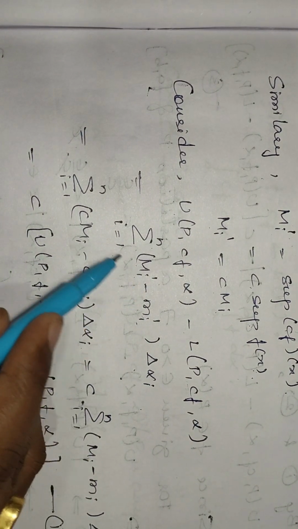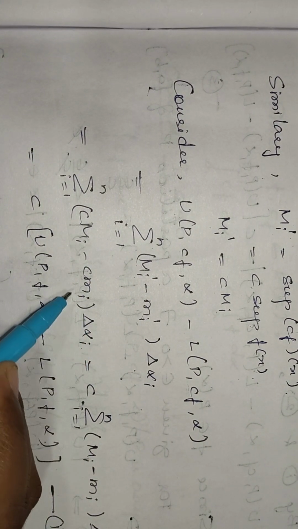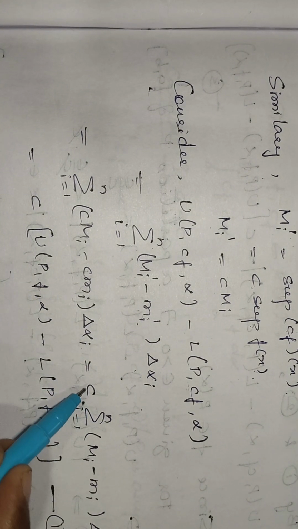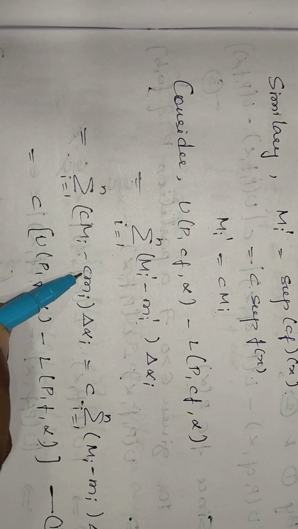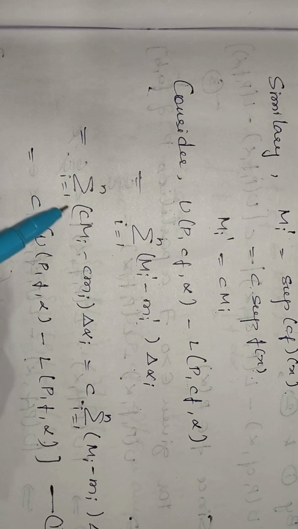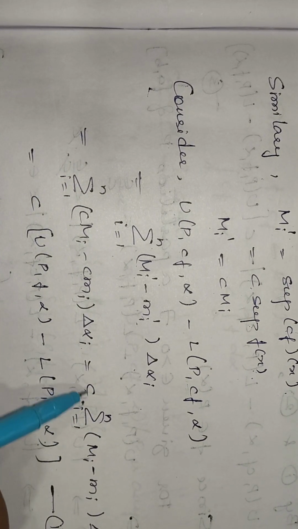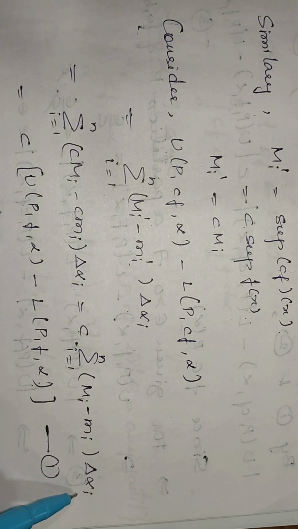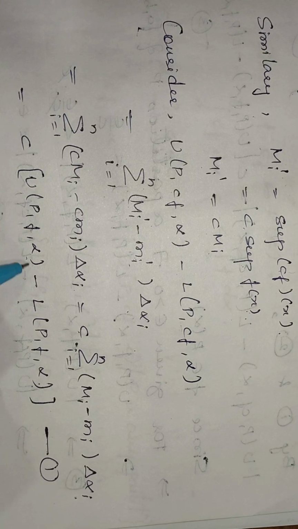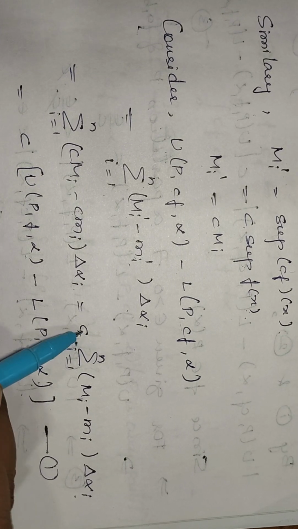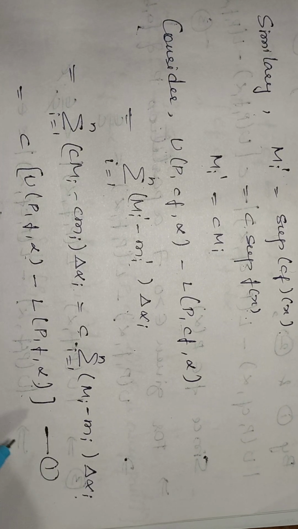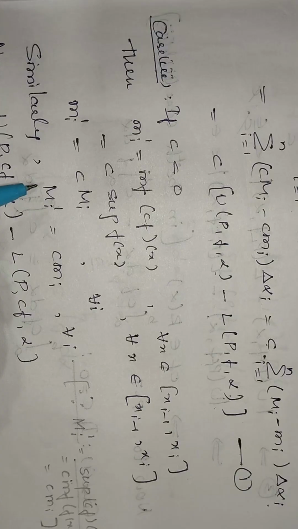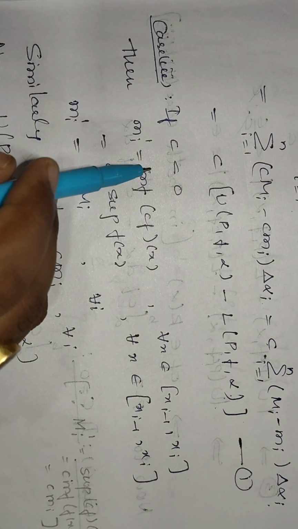If I take the c outside, since it is a constant and has nothing to do with the summation, I will write the remaining thing here, and this is nothing but U(P, f, alpha) minus L(P, f, alpha) with this c outside. Name this as 1, because I have another case for c: c less than 0.